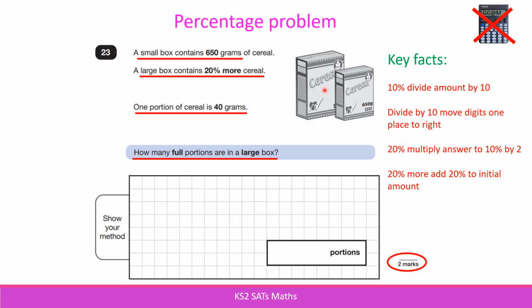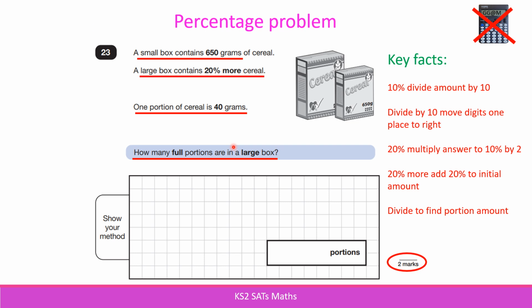We know one portion is 40 grams, so if you divide the total grams in the box by 40, that will work out how many portions you need. Just be careful, think about how many full portions there are, because it might not be an exact answer. Press pause, have a go at working out the answer, and then press play when you're ready to hear the answer.